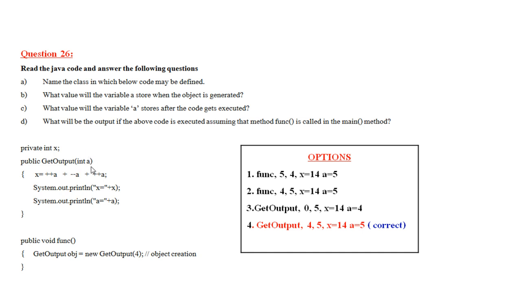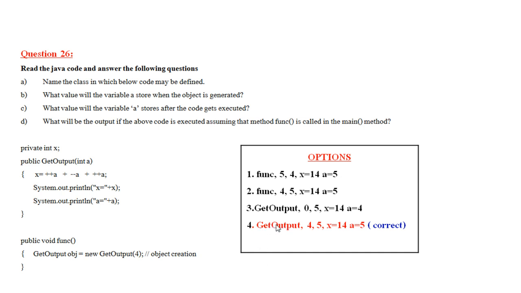So here, if the constructor name is get output, the class obviously will be what? Get output only. The first question it is asking, name the class in which the below code may be defined. So we can write class get output. This can be the class name.